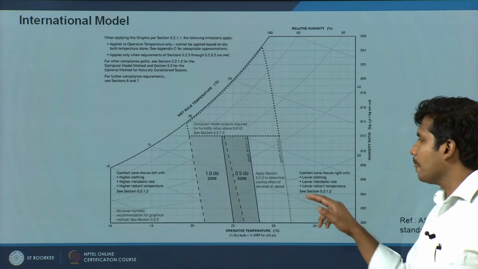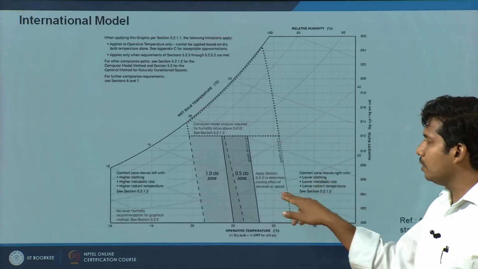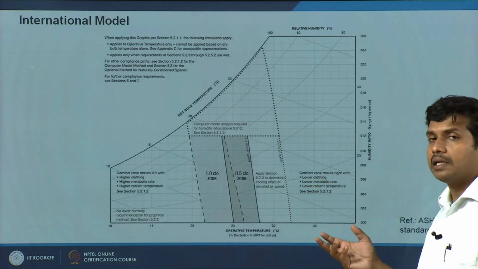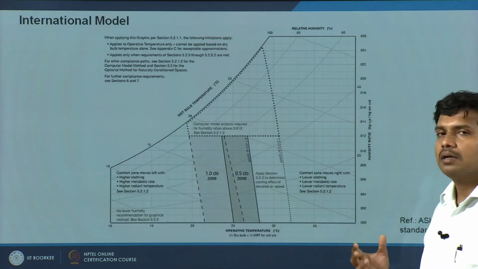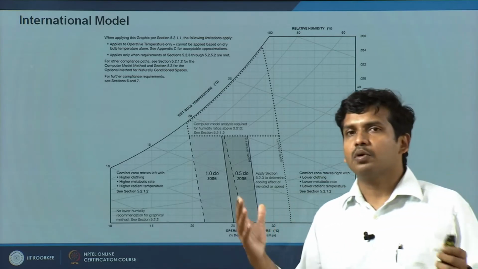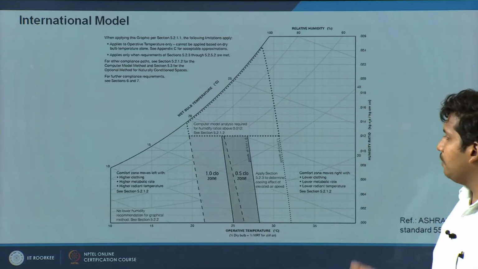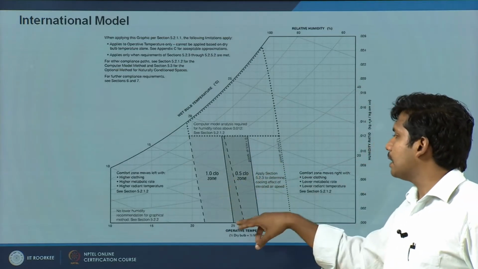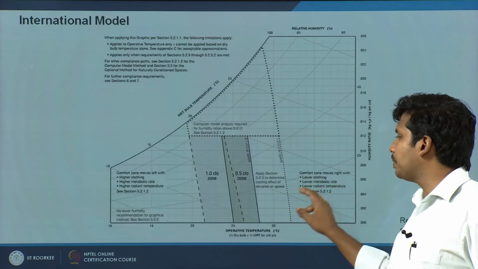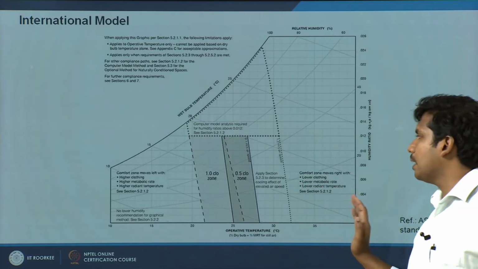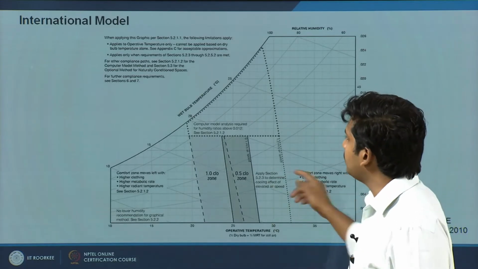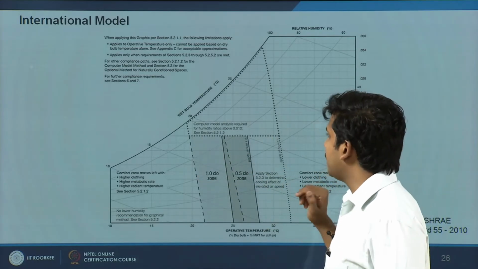On the other hand, if your clothing insulation is lower, or your metabolic activity is lower, or the radiant temperatures are lower, with colder surfaces around you, your comfort zone would start moving towards your right, not to a far extent, but there is a limit within which it can move.